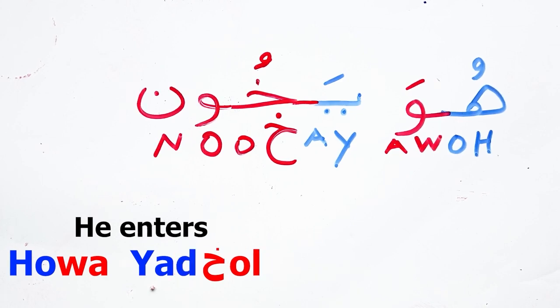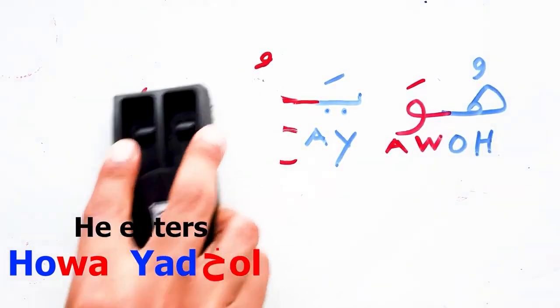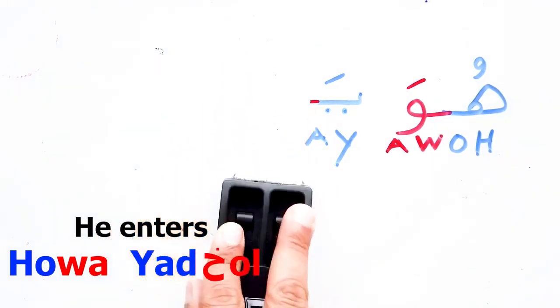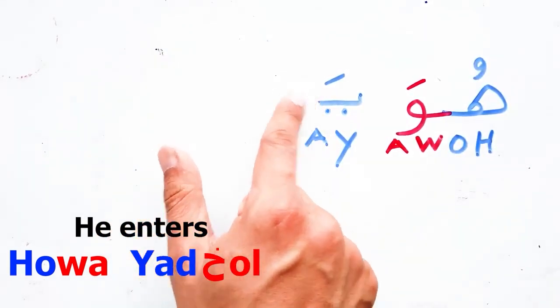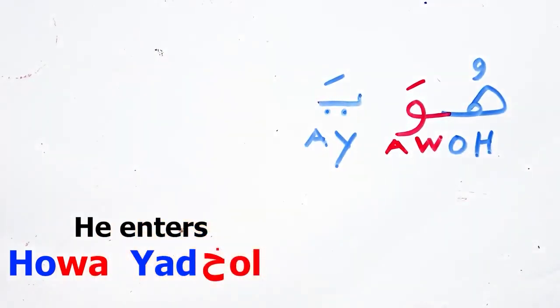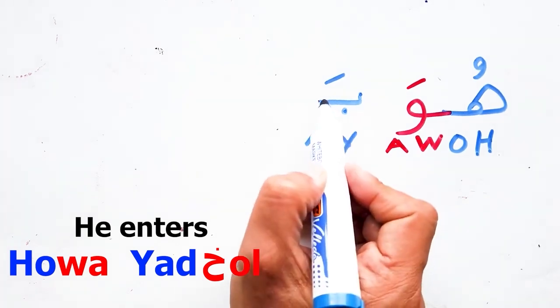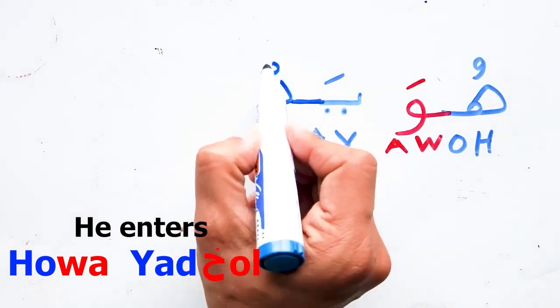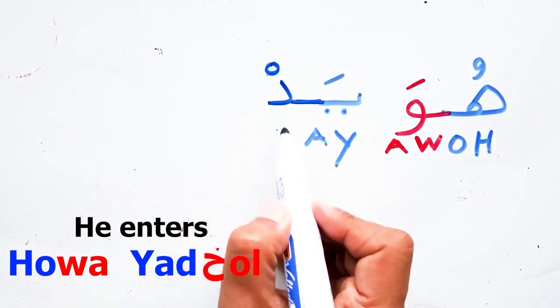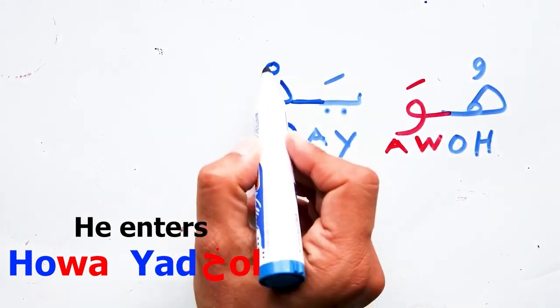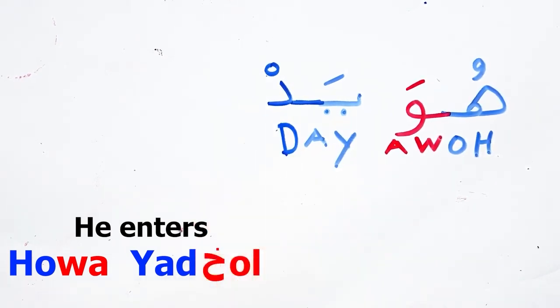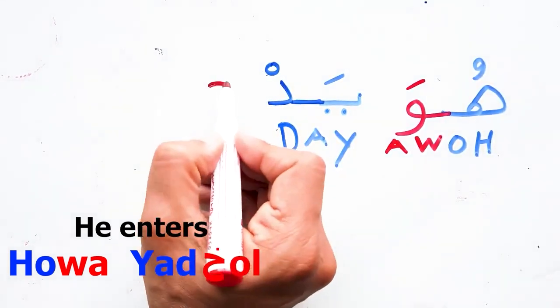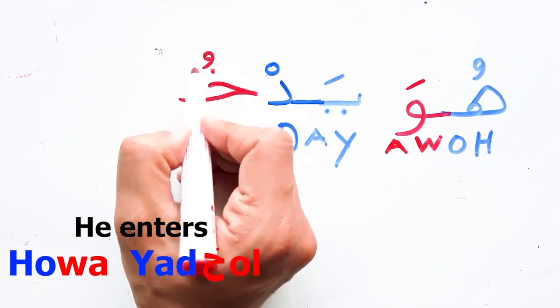هو يدخل. Let's remove this part here. And let's say يد. I'm gonna add sukun. This letter sounds like D. And with sukun, I will pause. يد, خو.